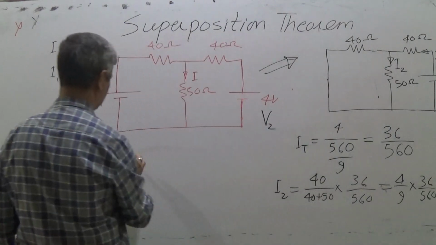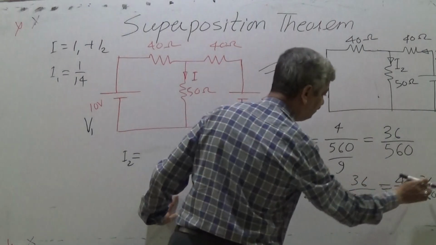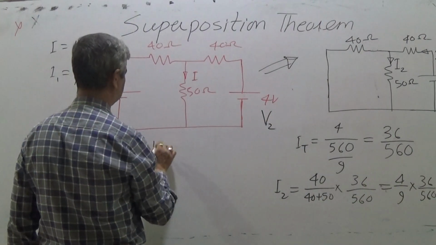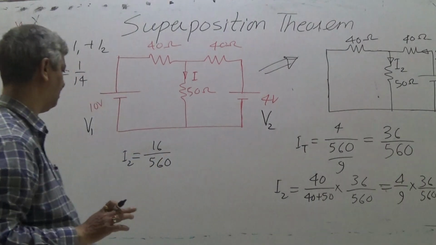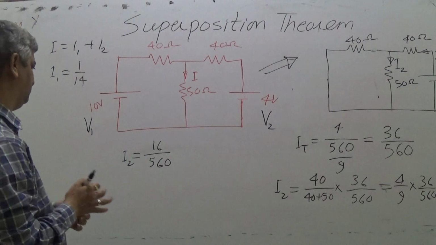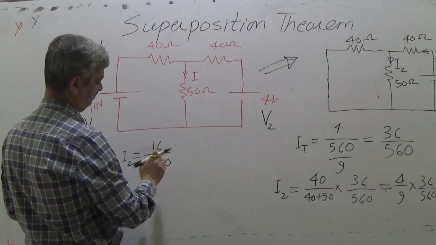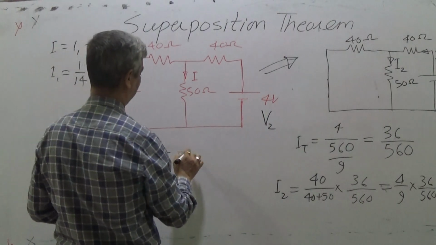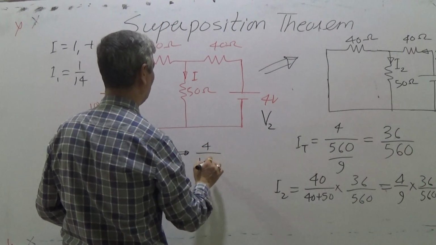So I write on this side. I2 is equal to 9 into 4 is 36. So 16 upon 560. I2 is equal to 16 upon 560. I try to make it simpler. 16 upon 560, I get 4 upon 140.